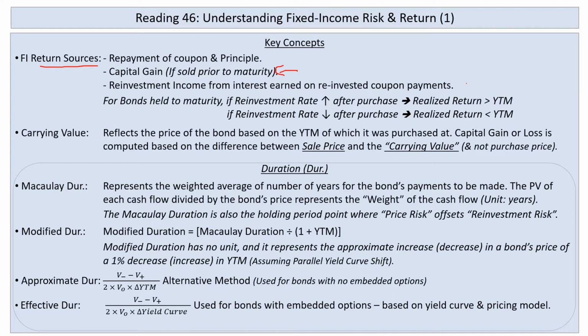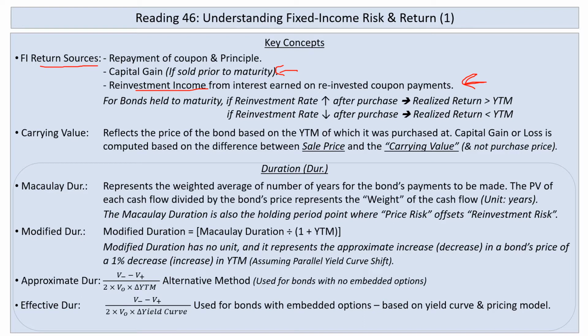Another very important source of return is reinvestment income. YTM by itself, let's say a YTM at purchase of 7%, would be the true annualized return on the bond if the bond is held to maturity and all coupons received from that bond are reinvested at the prevailing YTM, which is assumed to remain constant.